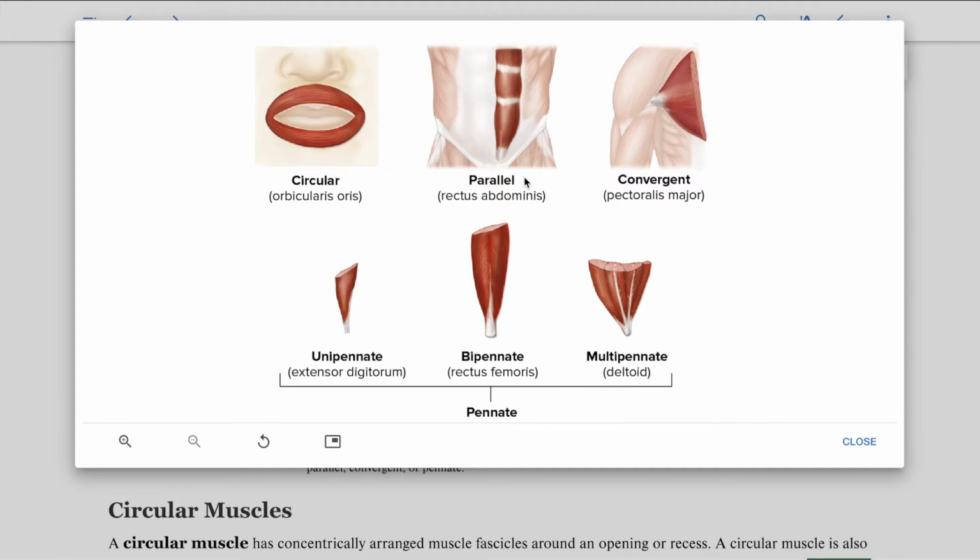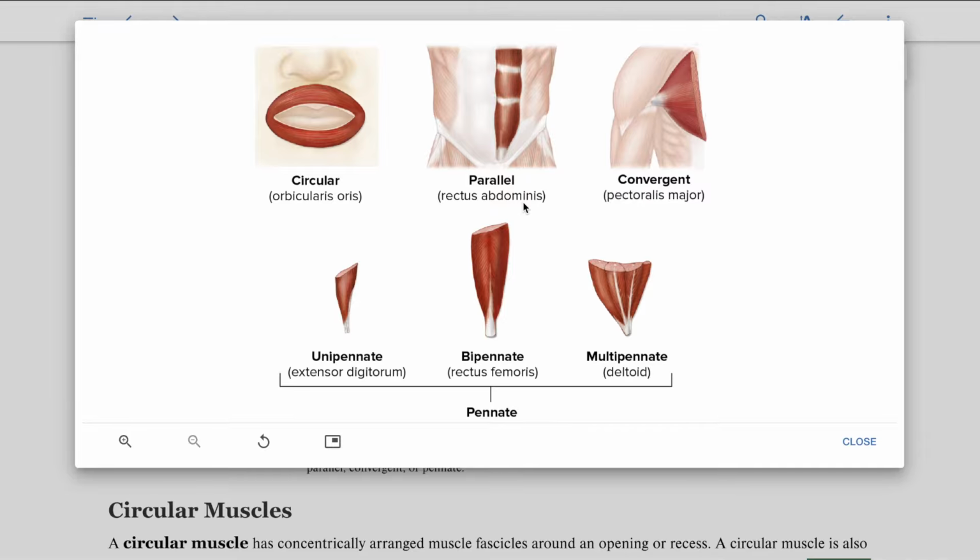You can see how those two ovals there are elongated and they taper at the ends. That represents that basic fusiform shape. So for the parallel muscle, you'll want to make sure that those fibers are parallel. Here we show you that the rectus abdominis is an example of a parallel fiber arrangement.